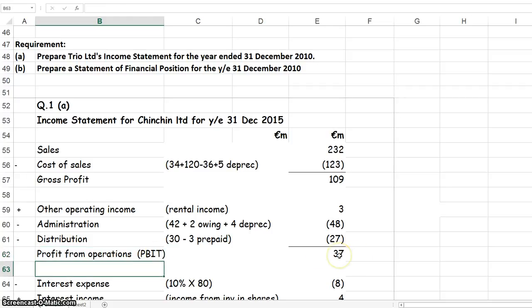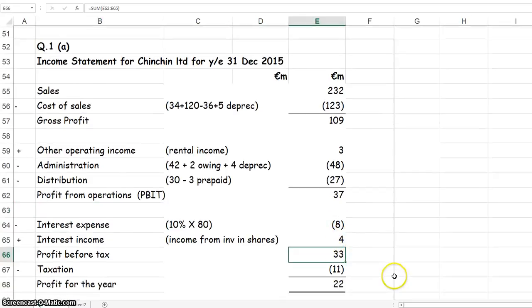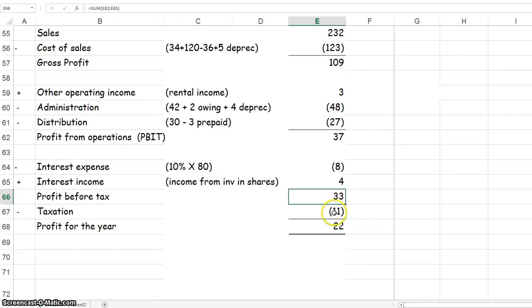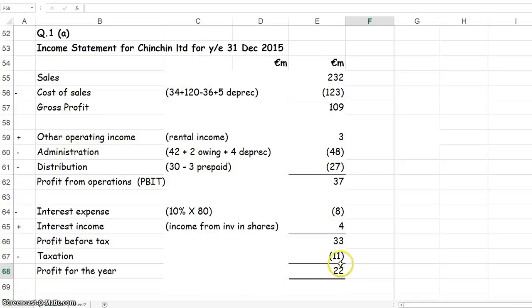Then from the 37 we take away 8 and add 4, giving 33, and then take away 11 tax expense, and we end up with profit for the year of 22. And that's the end of the income statement.